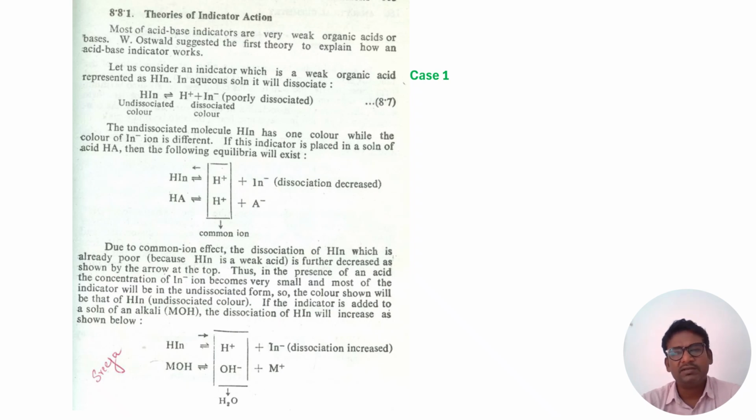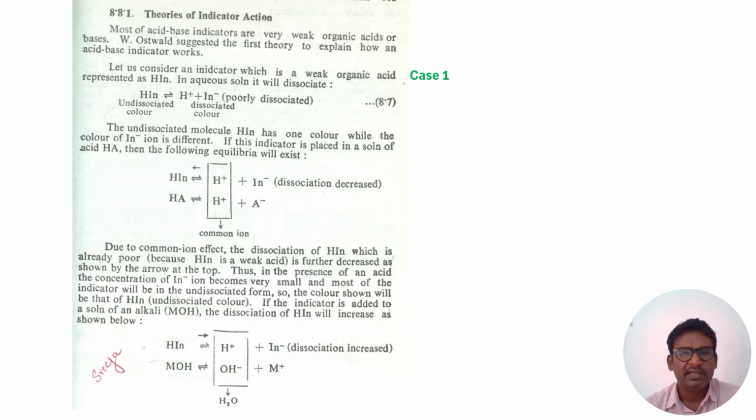In this case 1, we assume that the indicator is a weak organic acid. Now let us try to understand how it works in aqueous solution. If we take this weak organic acid and drop it in an aqueous solution, it will dissociate as follows.